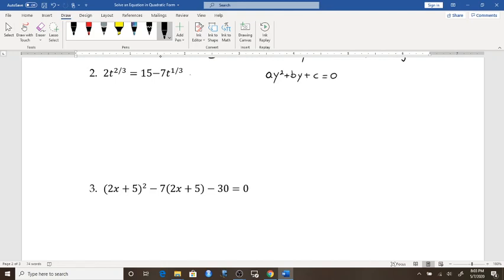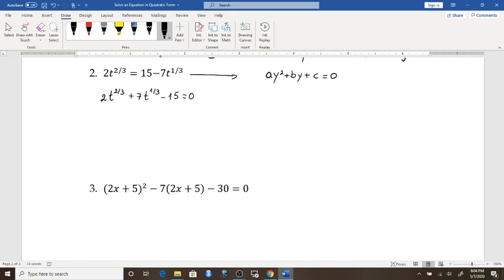Now, to go from this form to the quadratic equation equal to 0, we need to make sure we set up this equation on the left side equal to 0. So we're going to add 7t to the power of 1/3 on both sides, and we're going to subtract 15 on both sides. So when we rewrite that, we have 2t to the power of 2/3 plus 7t to the power of 1/3, and then we get minus 15 equal to 0.